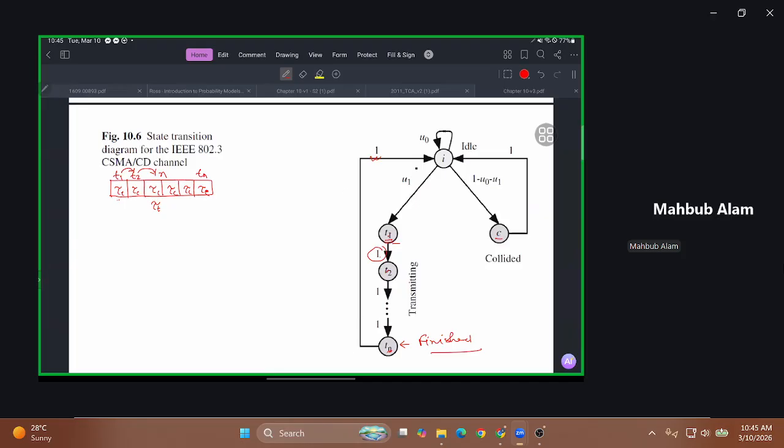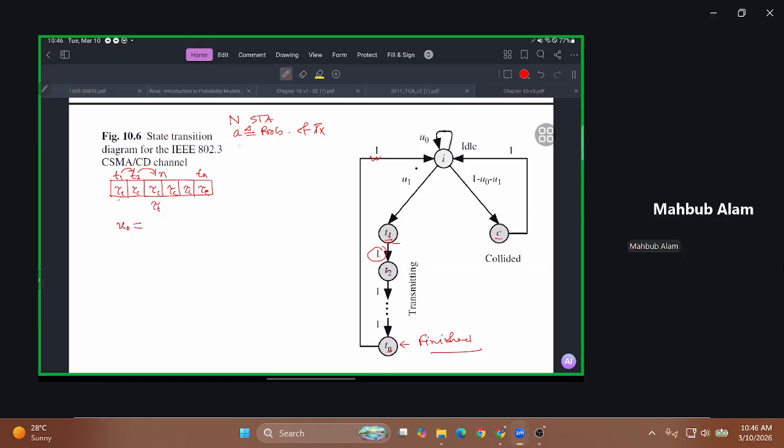Now, what is the probability that the channel will remain idle in a time period tau c? We assume that there are n identical stations. All of the stations transmit with a probability a, the probability of transmission by any station in a time slot tau c, and whether it's a retransmitted frame or a fresh frame, the probability remains the same as you already assumed.